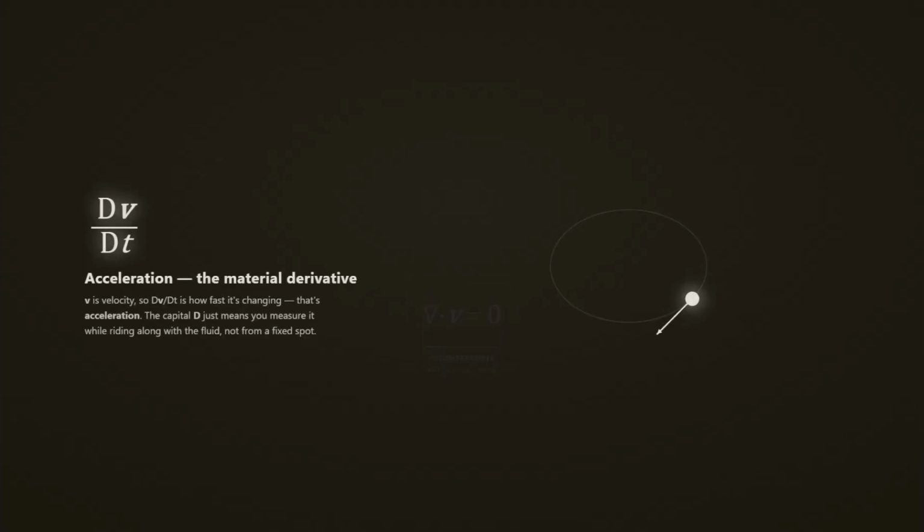Let me slow down on a couple of these, because the notation sometimes trips people up. The first one, dv over dt, the v is the velocity. So this is how fast the velocity is changing. This is acceleration. So in this example, the dot is moving, and the arrow is its velocity. And you can see that the velocity keeps changing its direction.